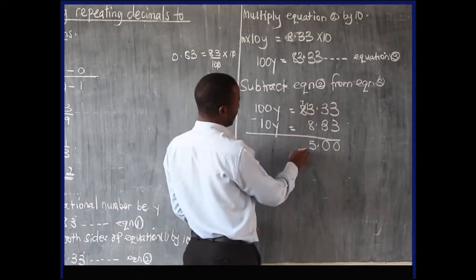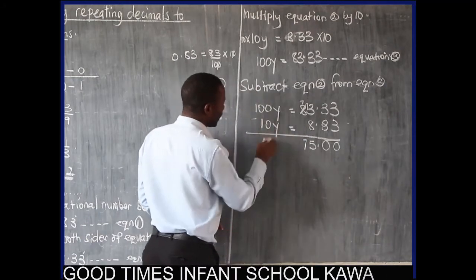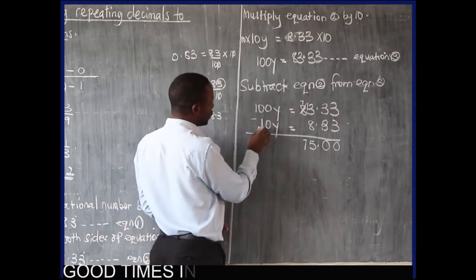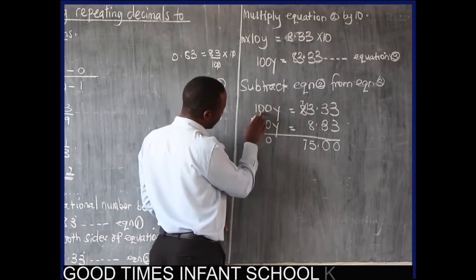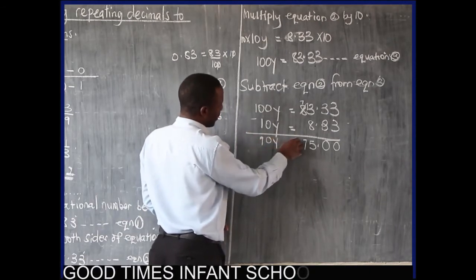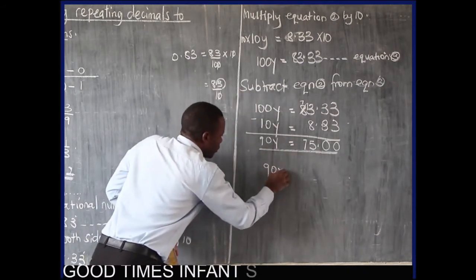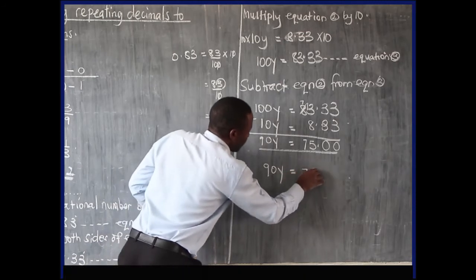Then here, gives us 7. So now, 100 minus 10, this is a 0, this is a 0. Now 10 minus 1, you will get a 9. So 90y equals that. Now we have to solve the equation quickly. This is 90y equals 75.00.